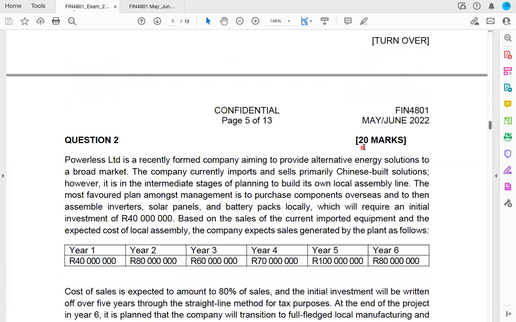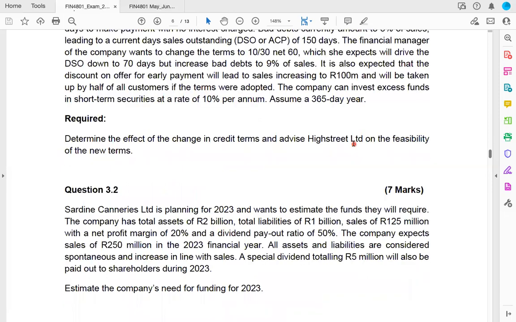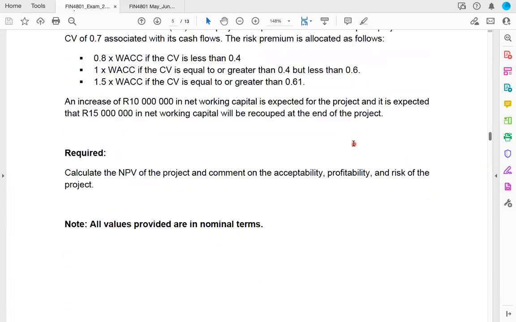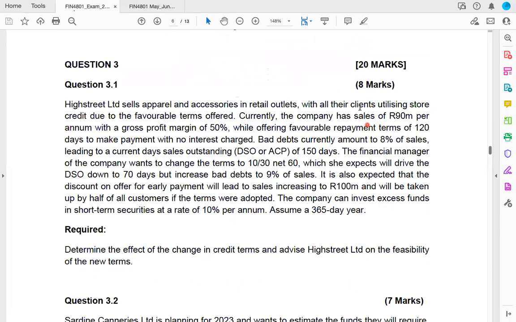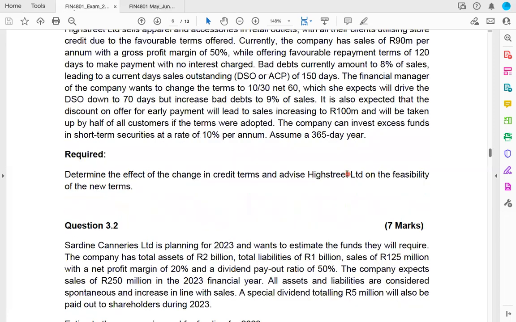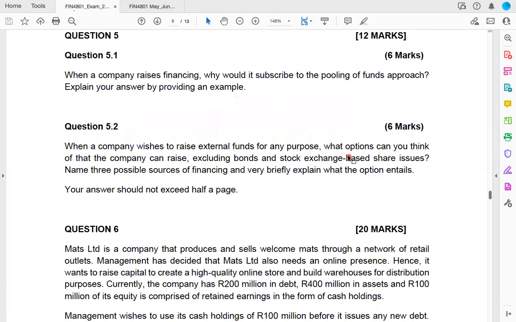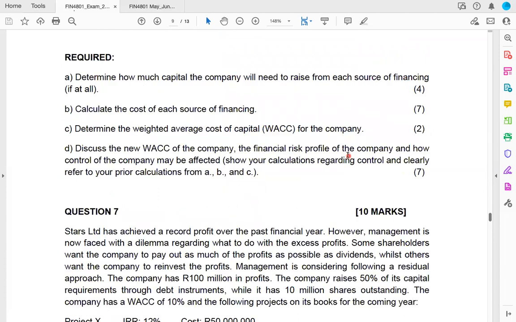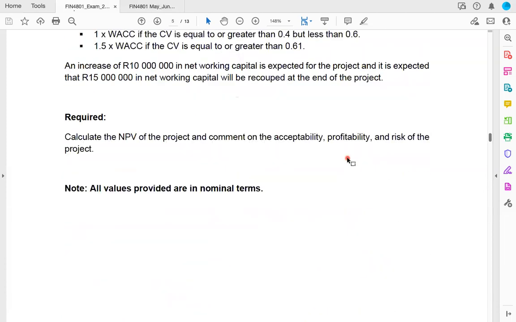That will help you in the exam. If you start with question 2, it should take you about 45 minutes. Question 3, another 45 minutes or so. Question 5 is just 12 marks. But a 20-mark question equates to about 45 minutes so that you don't run out of time.